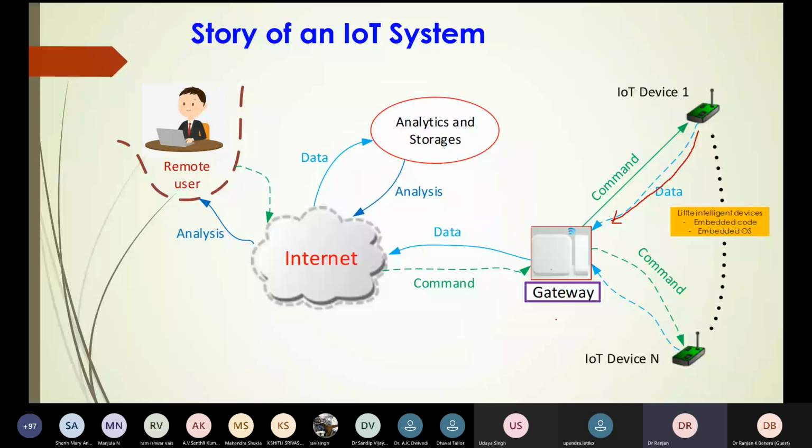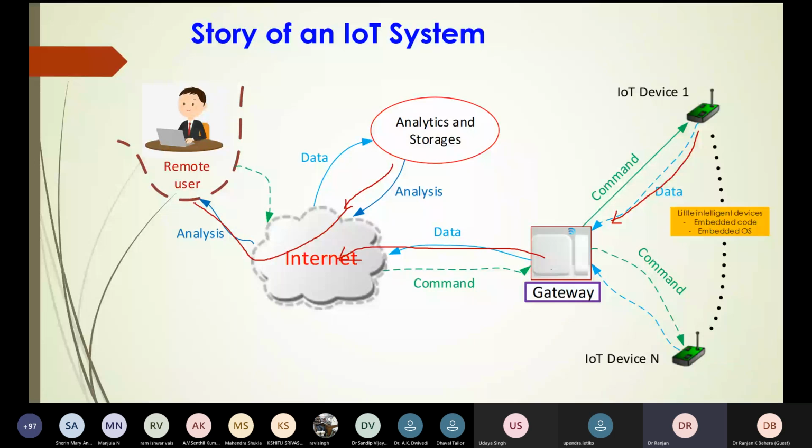I have not put the edge device here, you understand that gateway and edge device are there. Then this gateway will give it to the internet, and the internet will be told to please store the data. You store this data, and then you do analytics here, and the analyzed data comes to the internet, and this analysis moves to the user. You are the user.